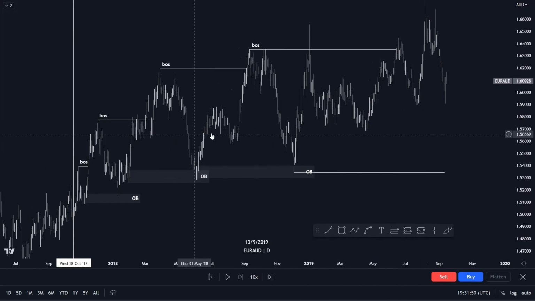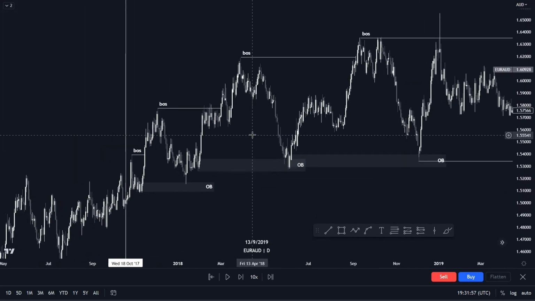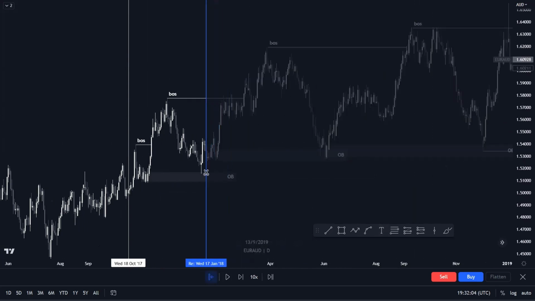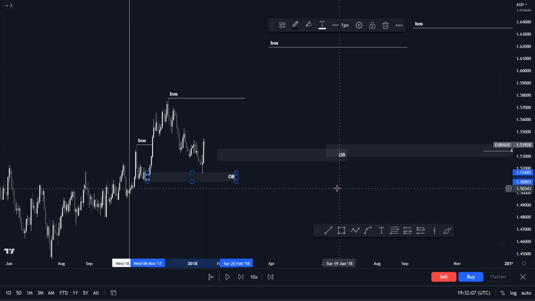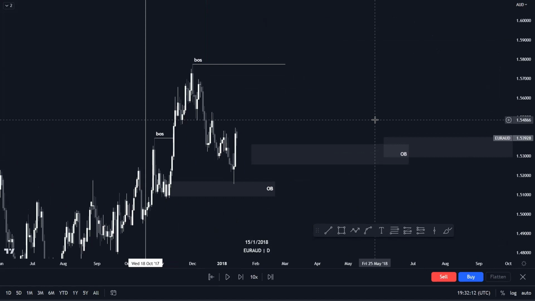So if you have analyzed on the daily time frame here, you can look for your confirmation entries on your lower time frame depending on what price gives you. If price doesn't give you a confirmation entry, don't trade, because it didn't give you what you want.